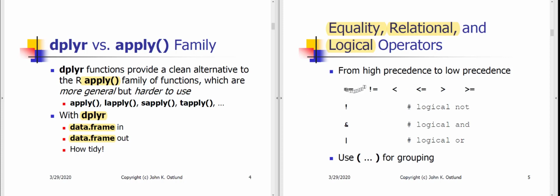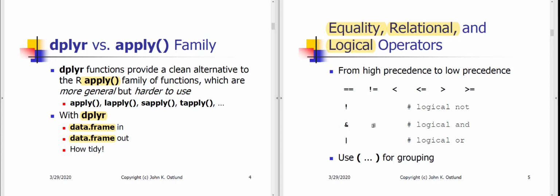The is equal to and is not equal to tests, as well as the less than or equal, greater than or equal to tests, all have the same level of precedence in R. The logical not operator is below that in precedence. The logical and is below that, and the logical or has the lowest precedence of the operators shown here.